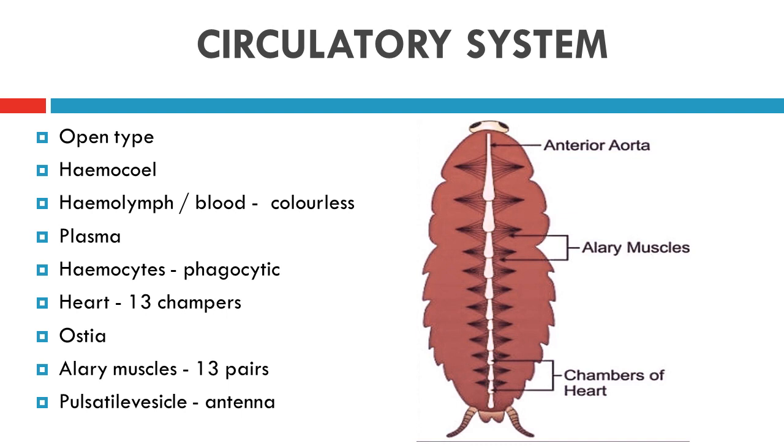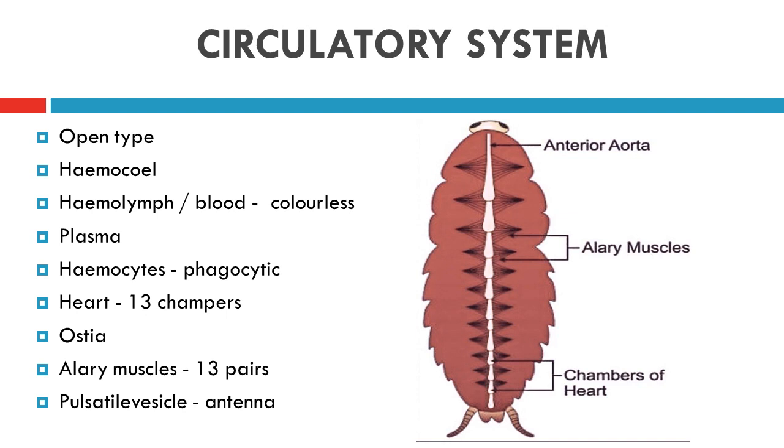At the base of each antenna there is a region known as the pulsatile vesicle, which also helps to pump the blood. They can ask the question: mention the accessory circulatory region of cockroach. It is the pulsatile vesicle, present at the base of the antenna. A pair of pulsatile vesicles is located there.